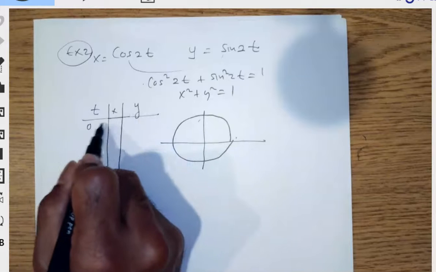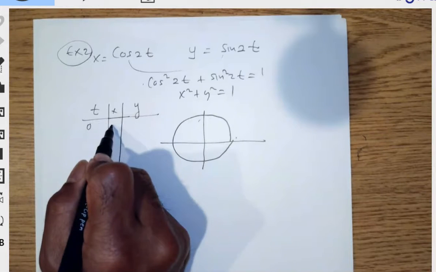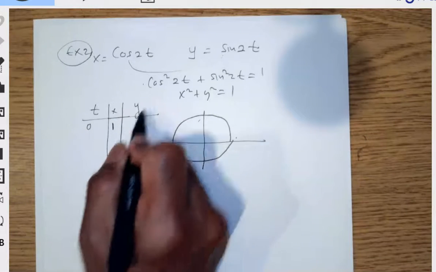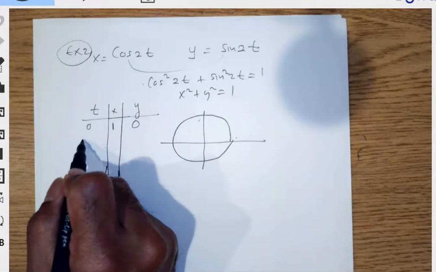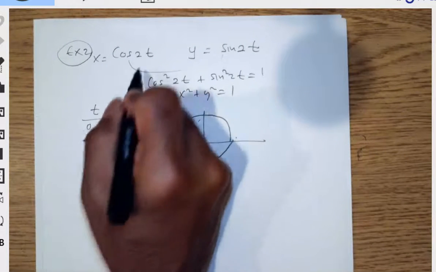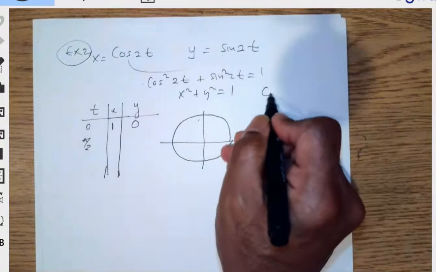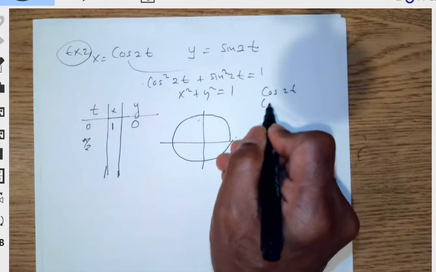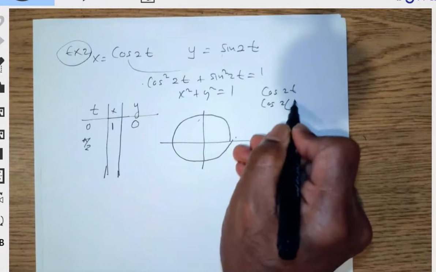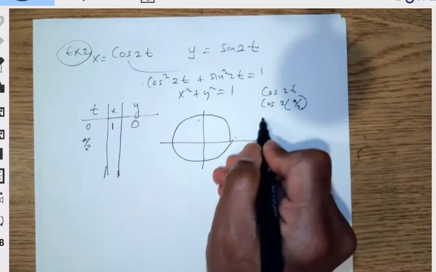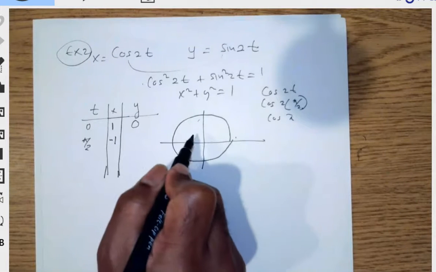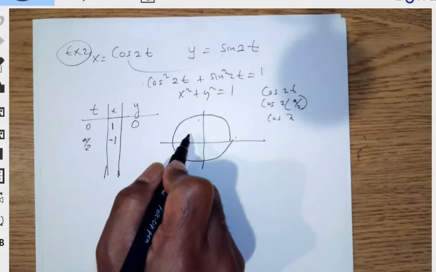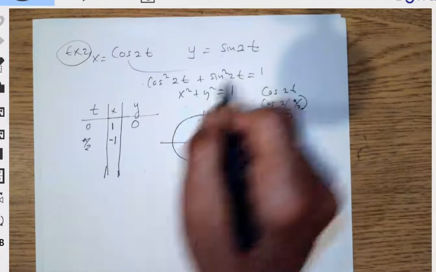If you put t equals 0, cosine 2t is equal to cosine 0, which is 1, and sine 0 is equal to 0, you get 1, 0. Let's just go to pi over 2 right away. Cosine 2t would be cosine 2 times pi over 2, which is cosine pi, which is -1. So when t is equal to pi over 2, you get x is equal to -1.